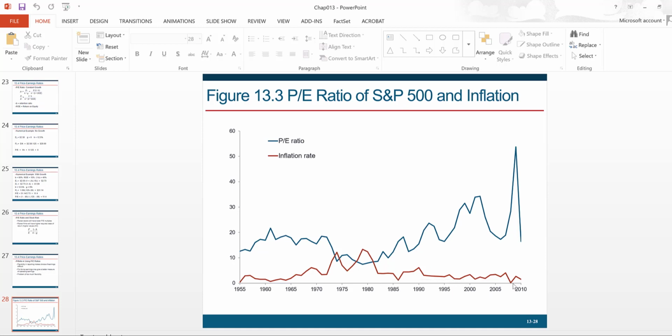And then during the financial crisis of 2008-2009, interest rates were basically zero, and we saw very high P ratio valuations, right? So when inflation or interest rates go down, P ratios tend to go up. There's an inverse relationship, and we are seeing that right now as well.